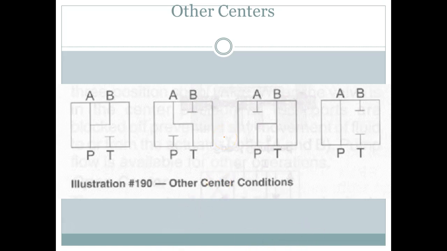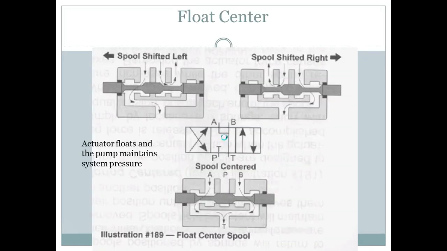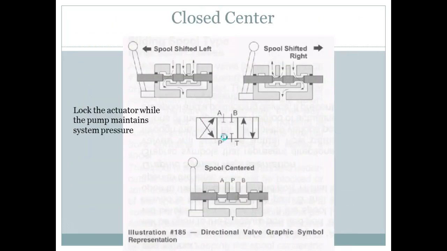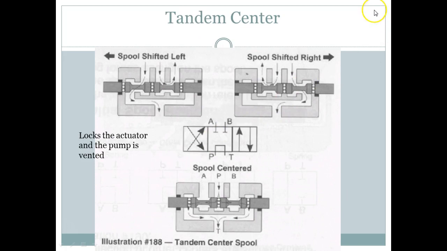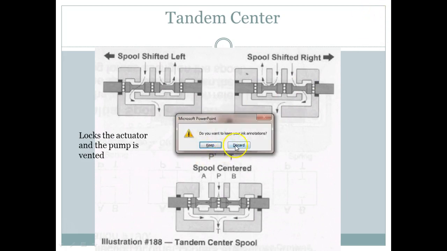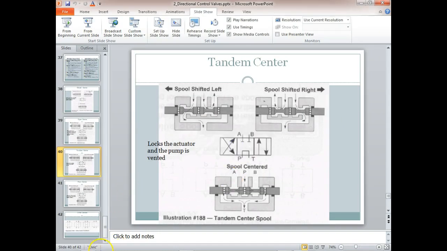Anyway. So y'all okay? This is valves, guys. I think the next thing we're going to look at is, what's our next lecture? Next class? I think the next in line is cylinders, yeah.